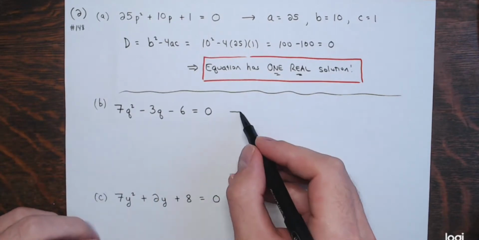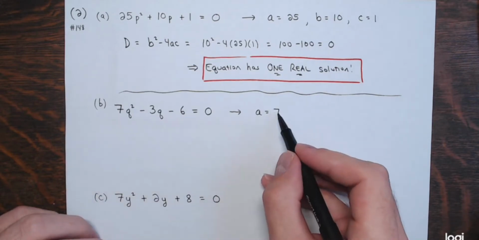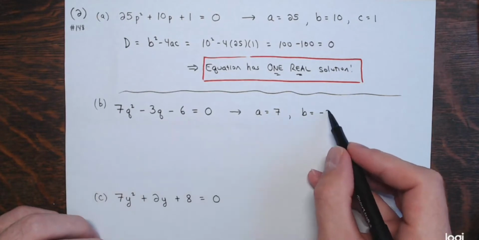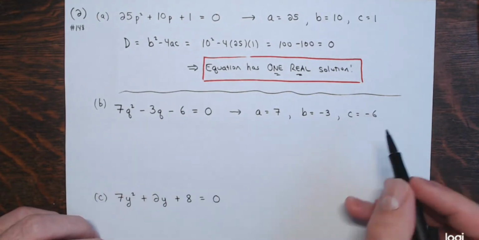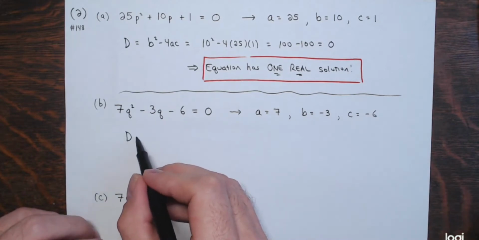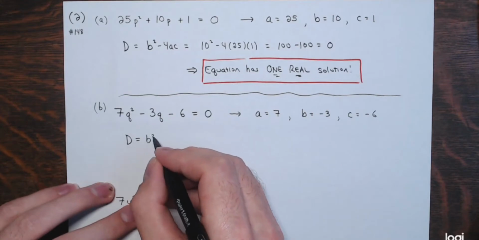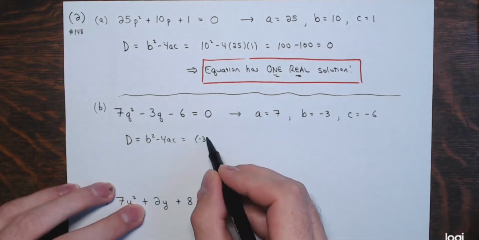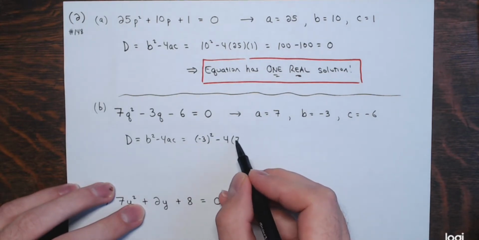So I'll identify the coefficients, right? A is the quadratic, positive 7. B is the linear, negative 3. C is the constant, negative 6. Capital D for the discriminant, pardon me, it's b squared minus 4ac. So negative 3 squared minus 4 times 7 times negative 6.